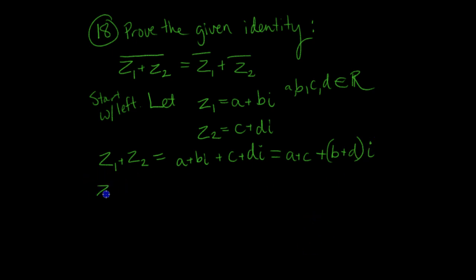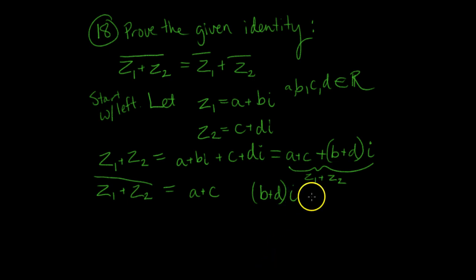So now what we're going to do is take the conjugate of z1 plus z2. And remember, z1 plus z2 is this number. So the conjugate of that says you take the real part, a plus c, you don't change it, and you take the imaginary part, b plus d i, and you don't change that. The only thing that you're going to change is the sign. So since it's plus here, it's going to be minus here.